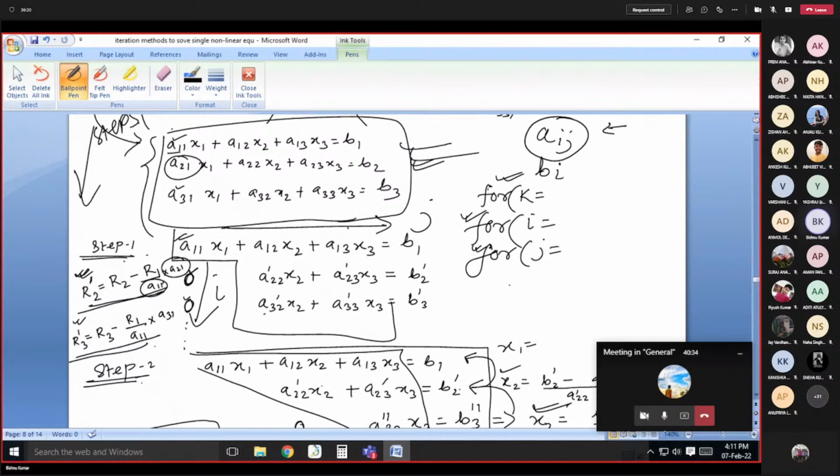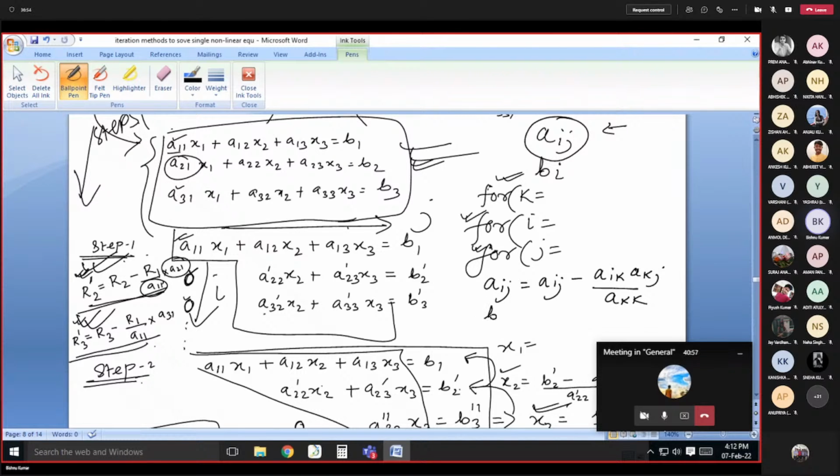And for that purpose, your new Aij will be built from old Aij minus Aik into Akj by Akk. That will be the formula. From these elementary row operations, you just build this.